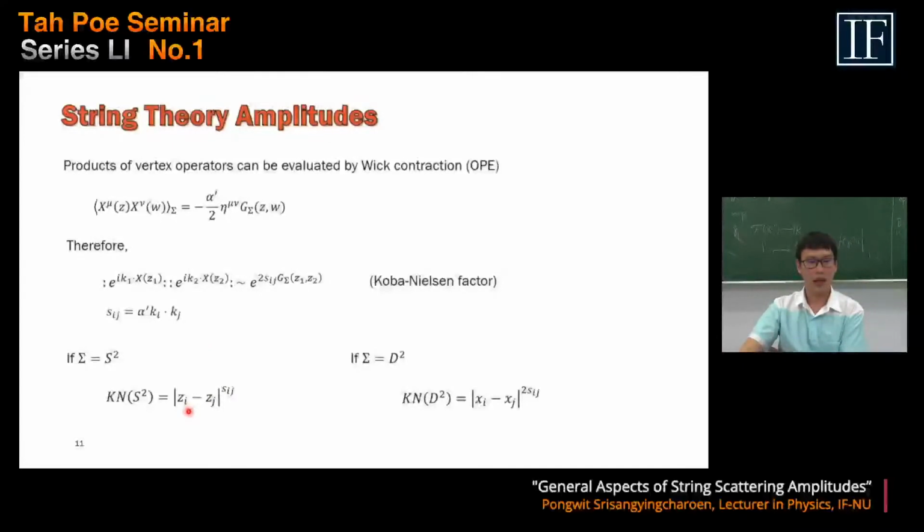Okay, and Zi and Zj label the points of the inserted vertex operators on that complex plane.